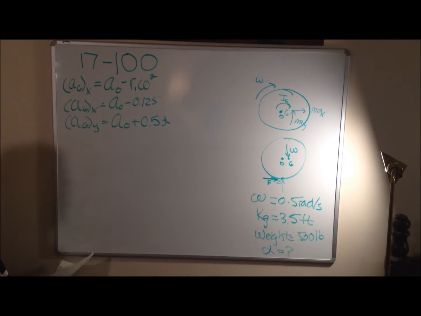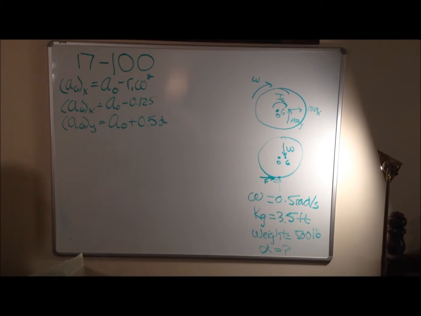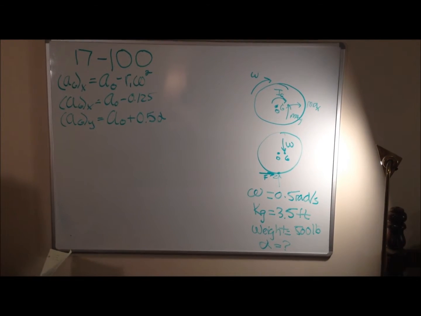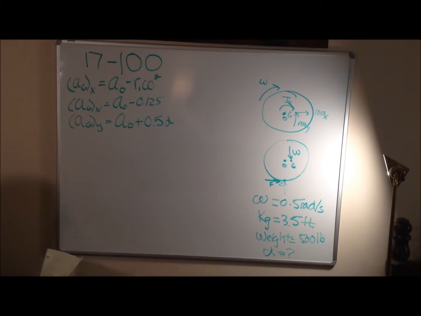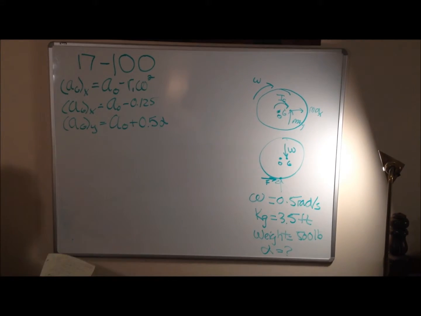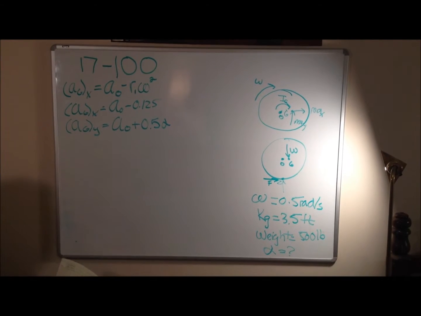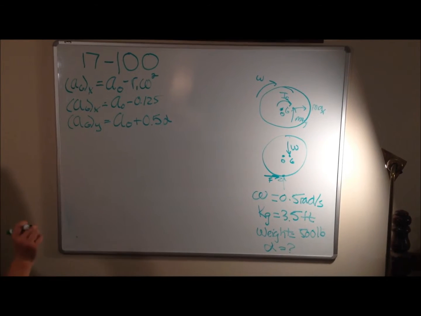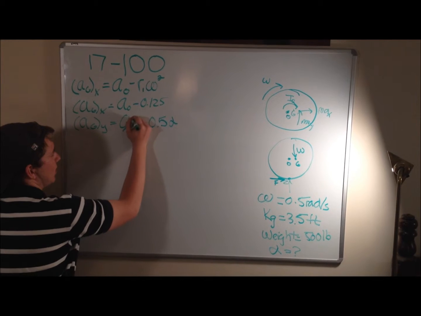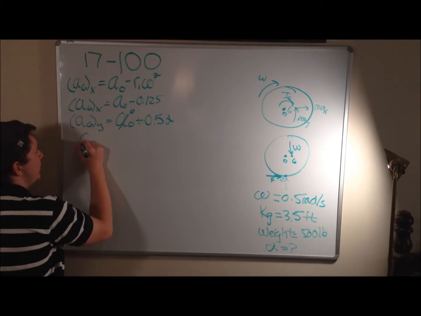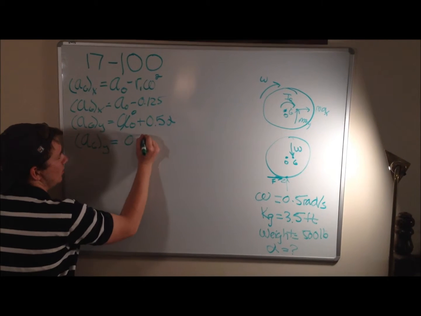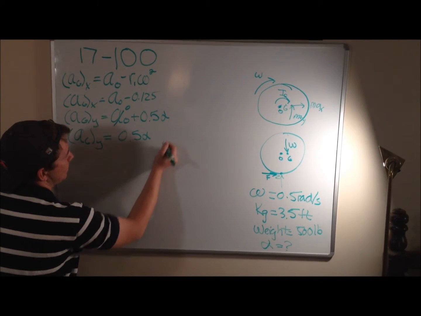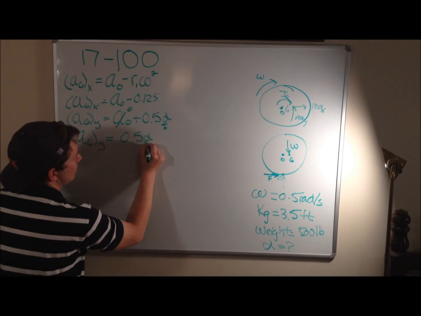We left alpha in terms of itself rather than converting it to the radius and angular velocity. Looking at this term in the y direction, A_O doesn't translate in the y direction, so that term goes to 0. So A_G y is just equal to 0.5 alpha, and alpha is what we're looking for.